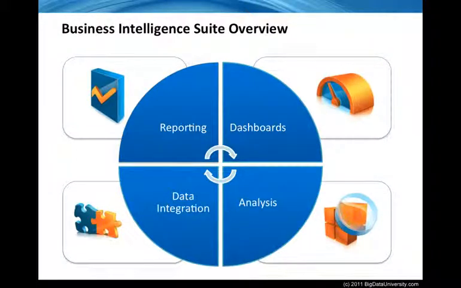Analysis, where you would explore the data with powerful relational OLAP or in-memory analysis against any data source. And data integration, where you would build data marts or data warehouses from several disparate relational or non-relational sources. Later in this course, we'll examine each in more detail.